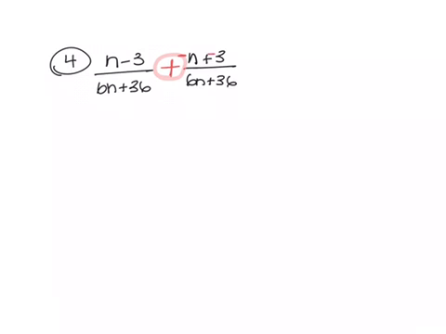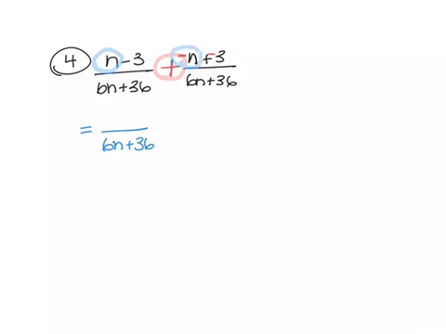Now, to put these two together, they already have a common denominator, and remember, when you start to combine them, you combine the numerators, and that denominator stays the same. So that is going to stay 6n plus 36. In the numerator, we have like terms, n and negative n.